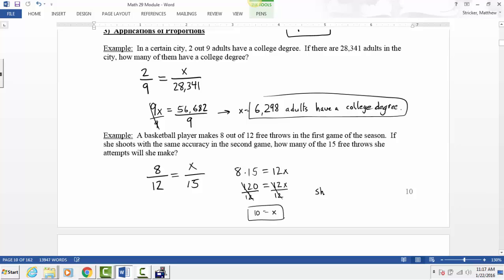So she will make 10 free throws in the second game. Remember, write your answers in complete sentences when we have application problems. And that does it for section 2.4. Thank you.